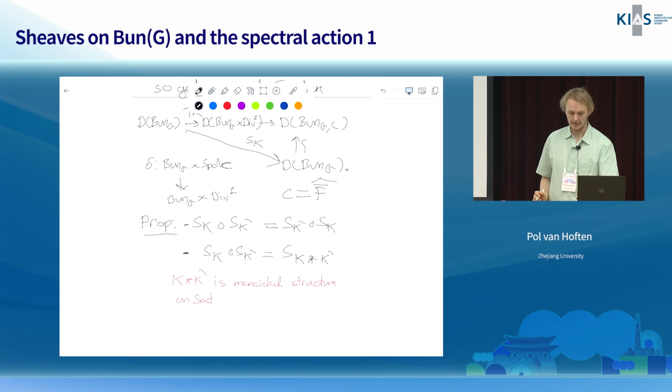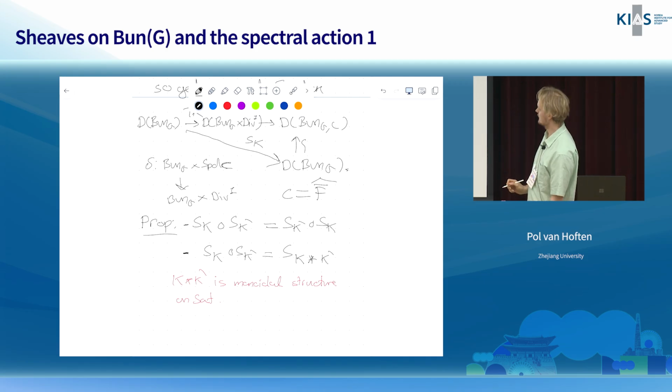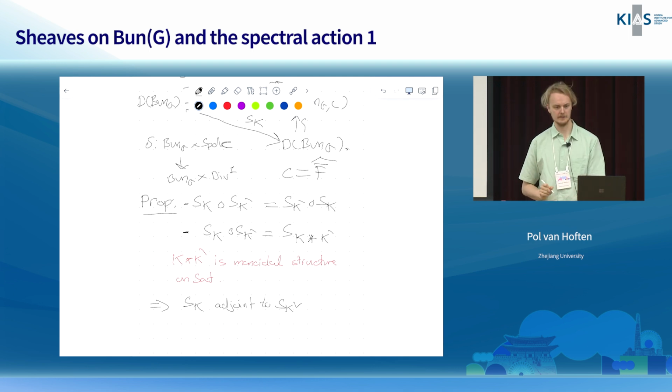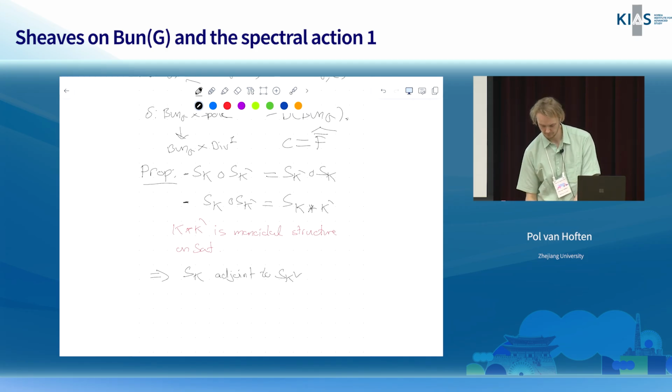Okay, and in particular, this will tell you that S_K is adjoint to S_K dual. It's even left and right adjoint to S_K dual, so it commutes with all limits and colimits.